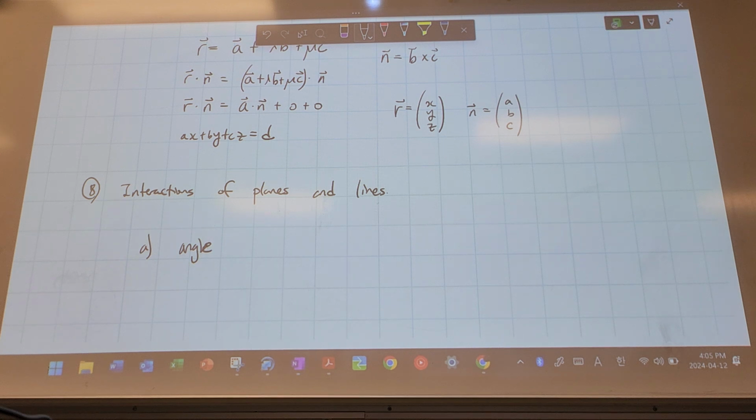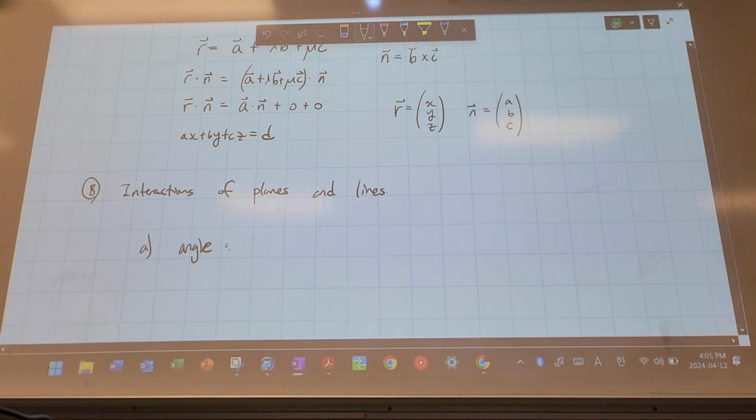Instead of trying to find the angle between a line and a plane directly, you find the angle between two vectors, whether they're direction vectors or normal vectors. If you have a line and a line, we compare the angle between the two direction vectors.